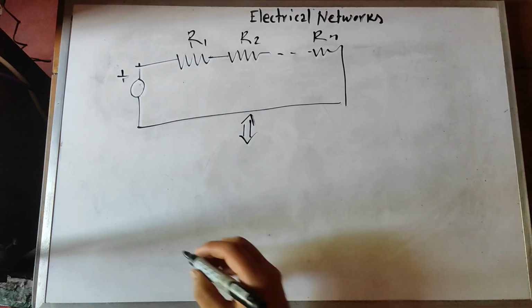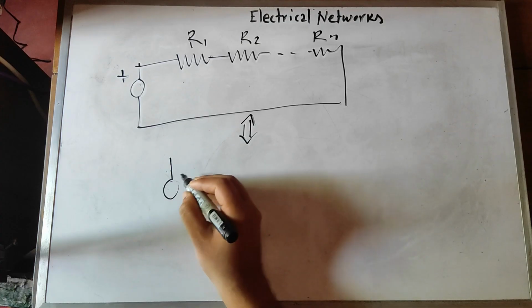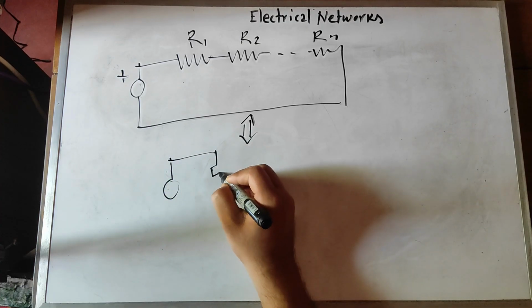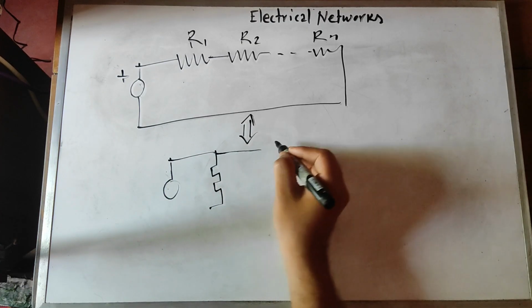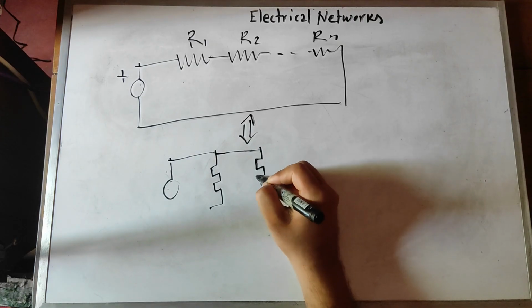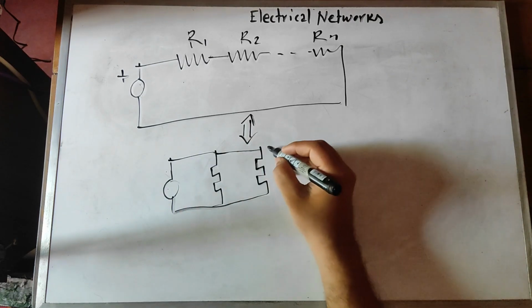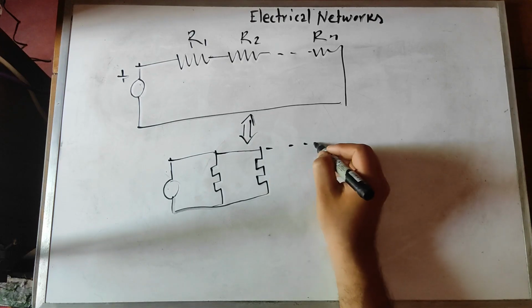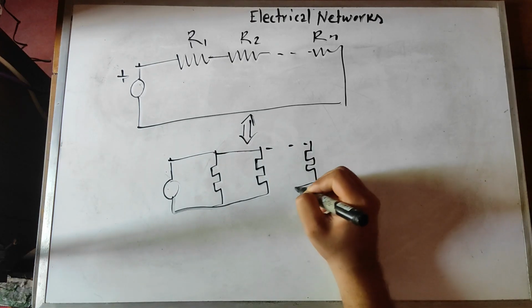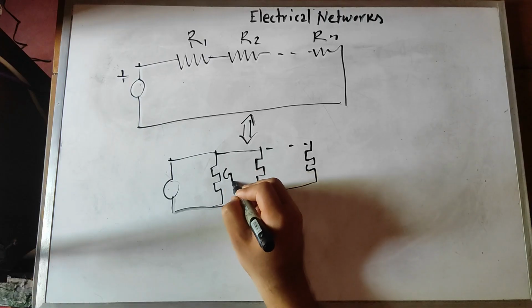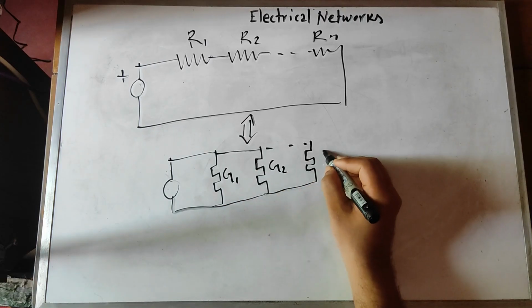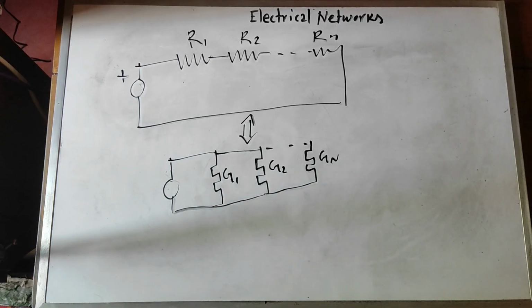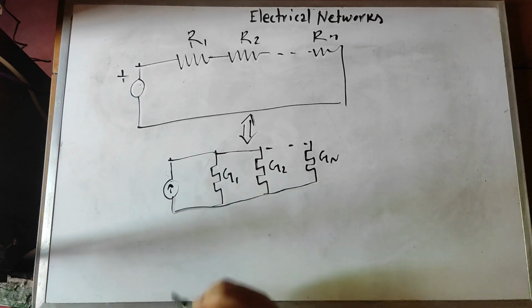The electromagnetic dual circuit is a current source, then the field conductances G1, G2 to Gn. So this is the electromagnetic dual circuit of the series resistive circuit, which is the conductive circuit.